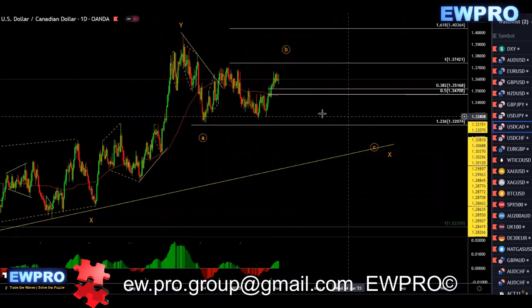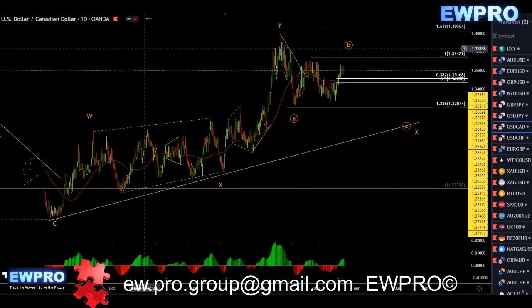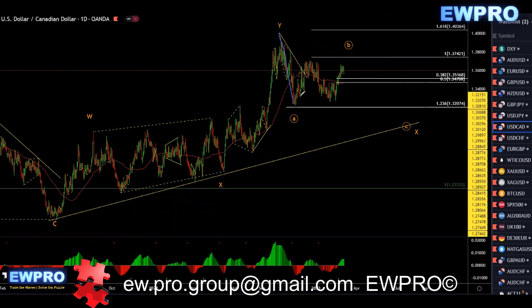USDCAD. We're looking for a correction of similar size to that over here. We're starting to get that. I'm looking at an A, B, C, and we get an A, B, C in here to finish off this B wave.